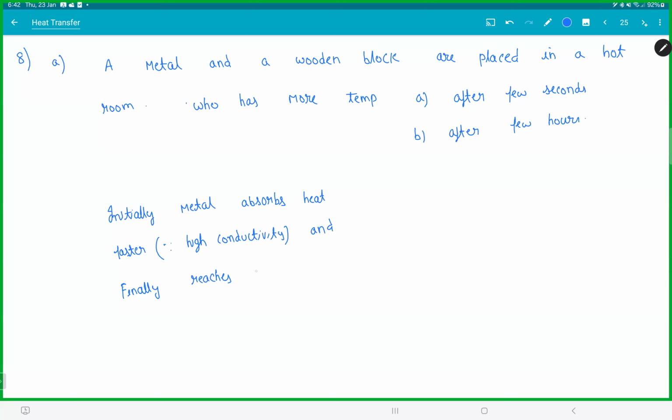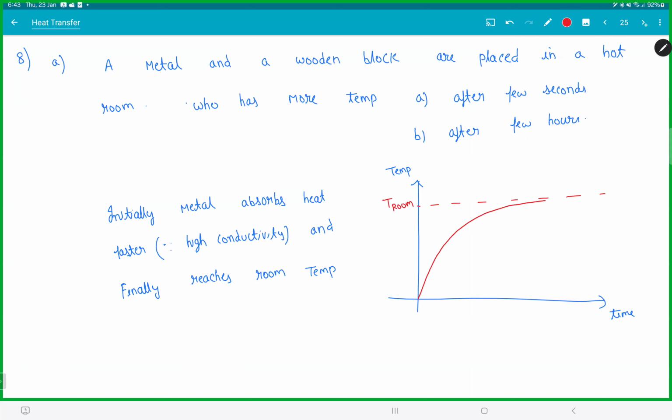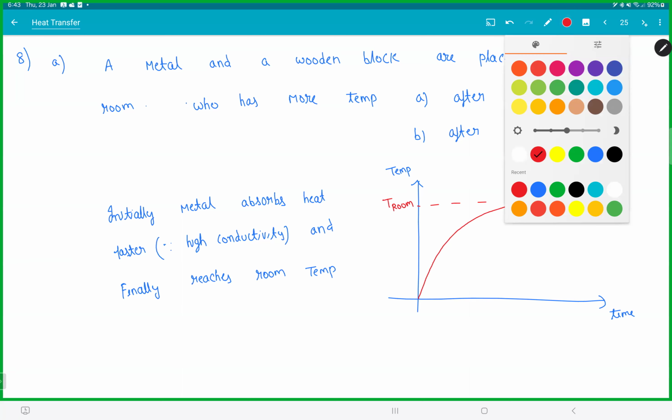So the only difference between the wood and metal block is that the wooden block will take time. So if you try to plot the graph of temperature versus time, and let's say this is your room temperature, the metal would be like this. It goes pretty fast.